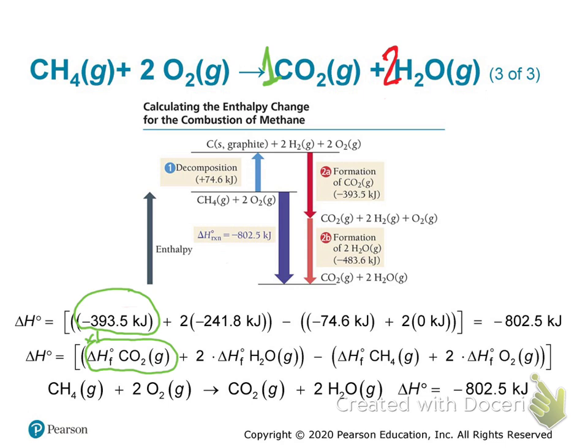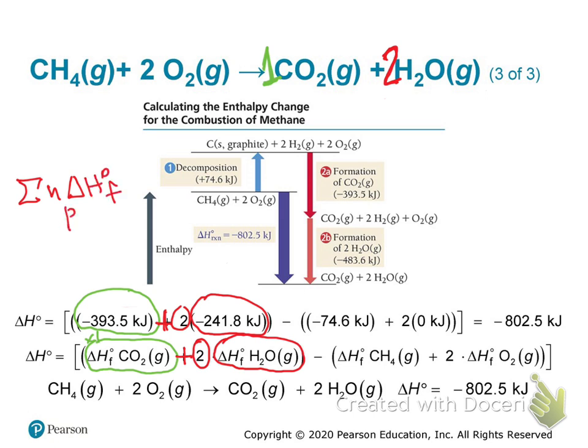So, bottom of the screen, 2 moles, standard enthalpy of formation of water. So we go to the table and collect this value, 2 moles of the value that we collected. And this completes the product side of the equation. This completes the summation. Summation of number of moles, delta H0F for the products.